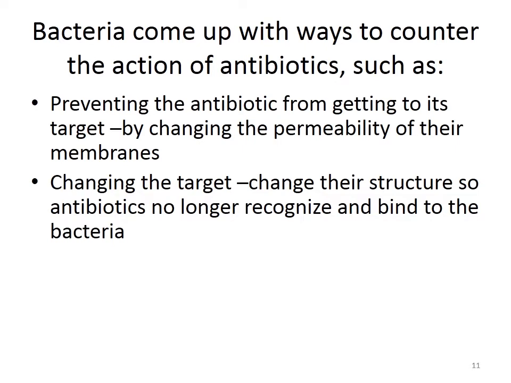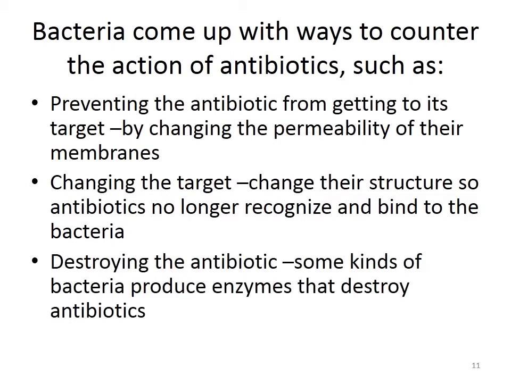So the host sees the bacteria potentially as itself rather than an invader, and the antibiotics no longer recognize it as a bacteria. Some kinds of bacteria actually produce enzymes that destroy antibiotics completely, so that definitely helps.